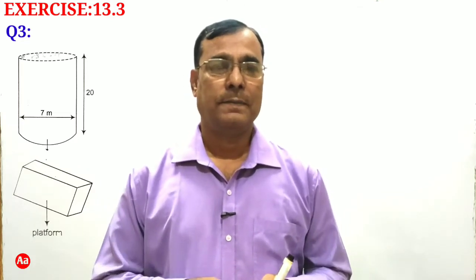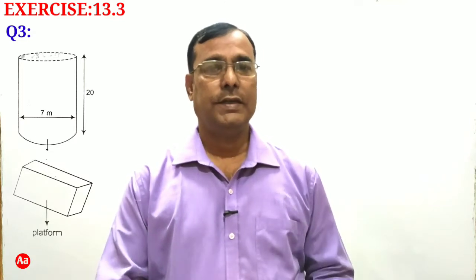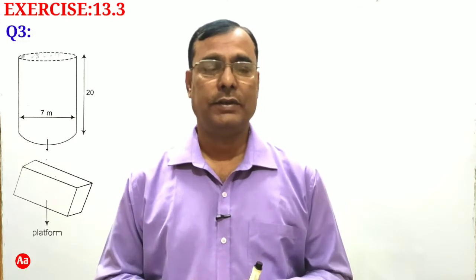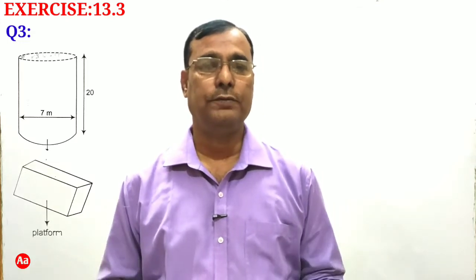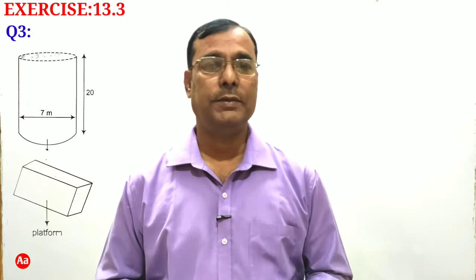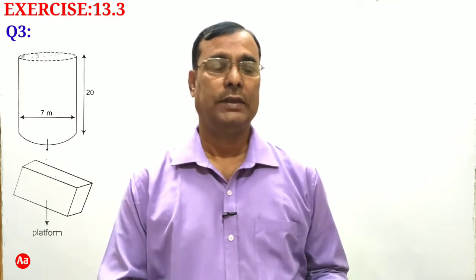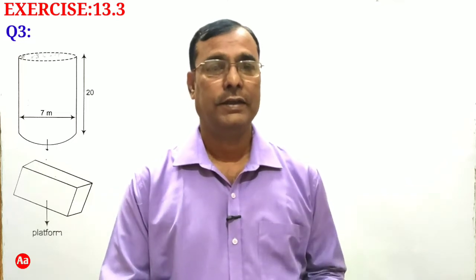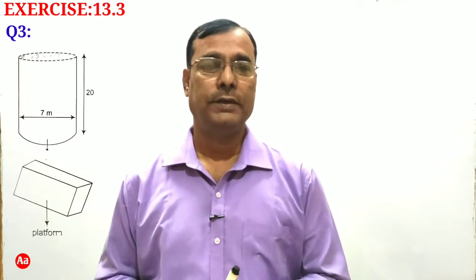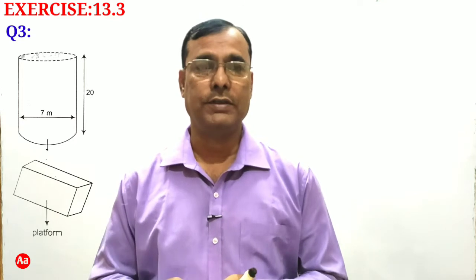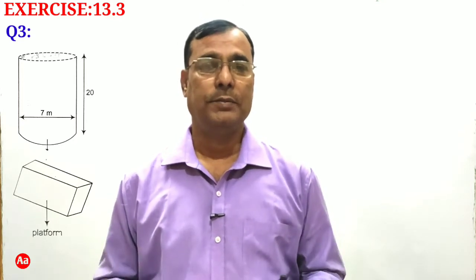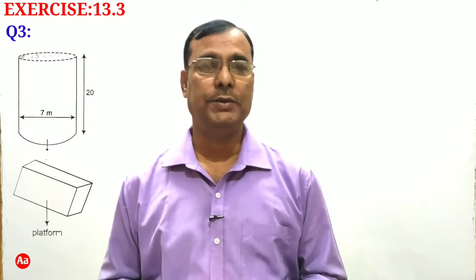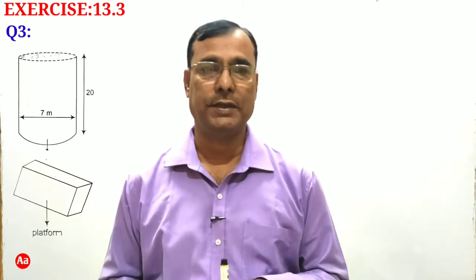In this case, the earth which has been dug out from the well and the same earth is spread out to form a platform, that means volume of the earth that is dug out from the well in the form of cylinder is equal to volume of the platform actually, because the platform is made from the earth from digging the well 20 meter deep and 7 meter in diameter.